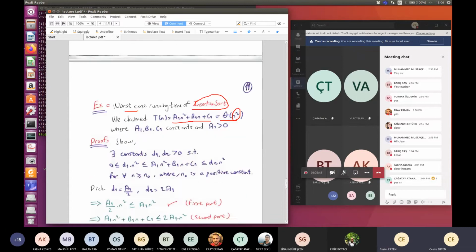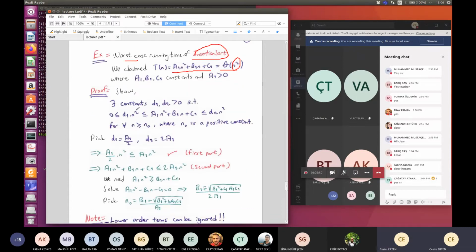If we can do that, then we are done. So all we need to do is show that there exist constants d1, d2 such that f of n is less than or equal to d2 times n squared and greater than or equal to d1 times n squared, starting from some constant n0.